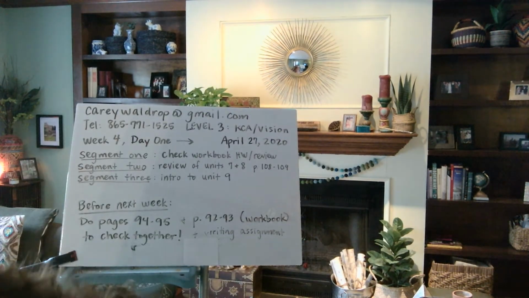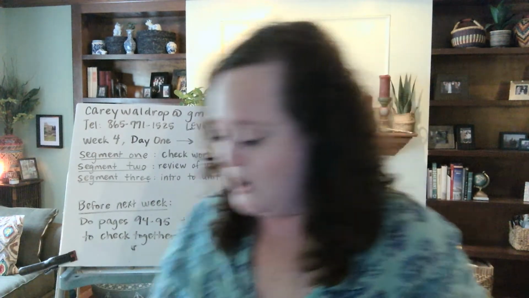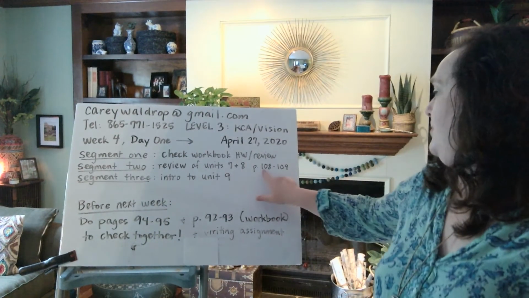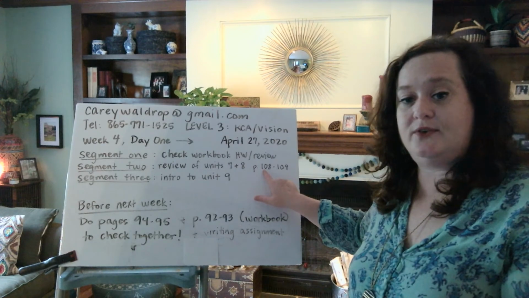to the student book, the green color book. Just a moment. Okay, so I'm going back to this green color book here, and we are going to start on page 108. Okay, page 108.